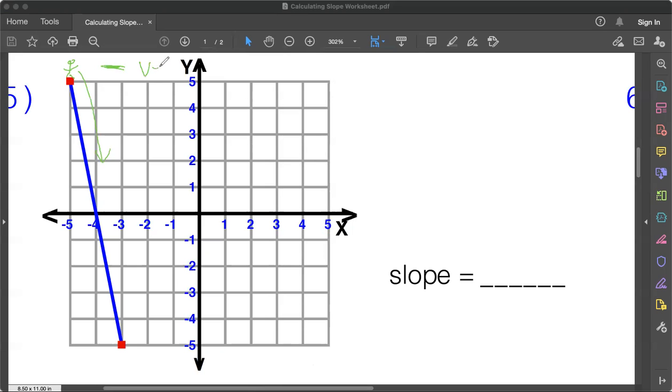That's the very first point at the very top, and the next point is coming down. Therefore, the line itself is going down. Once I'm going down, the slope is negative. So let's do number 5 and call it a day.